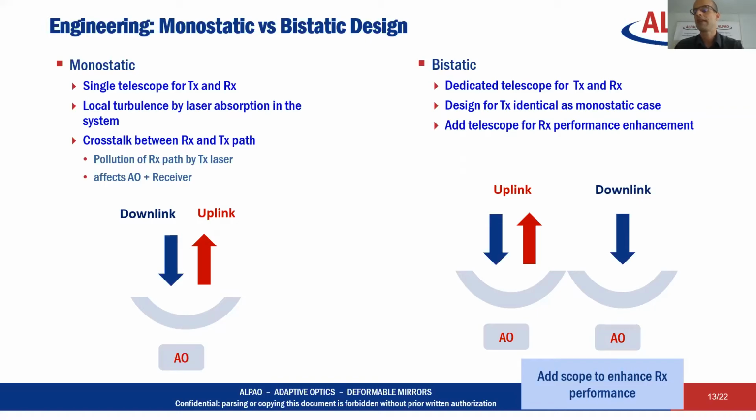You will still have a gain if you use only 10, but this is what we call partial compensation. If you want to have better compensation, then you might want to use more actuators. But these kinds of considerations have to be analyzed as a whole, by analyzing all the errors that contribute in your system. And the goal typically is to have what we call an equalized error budget.